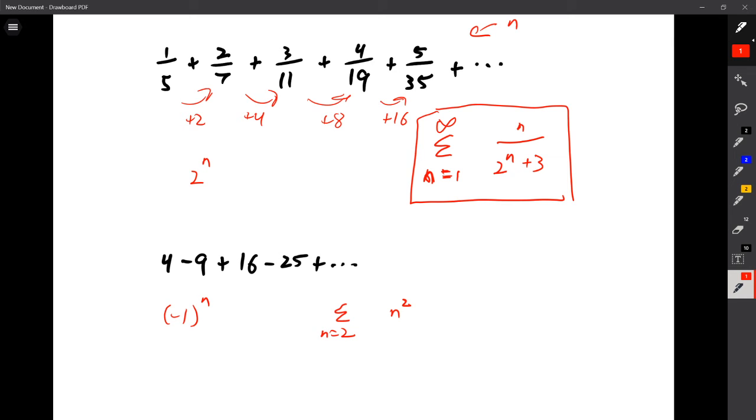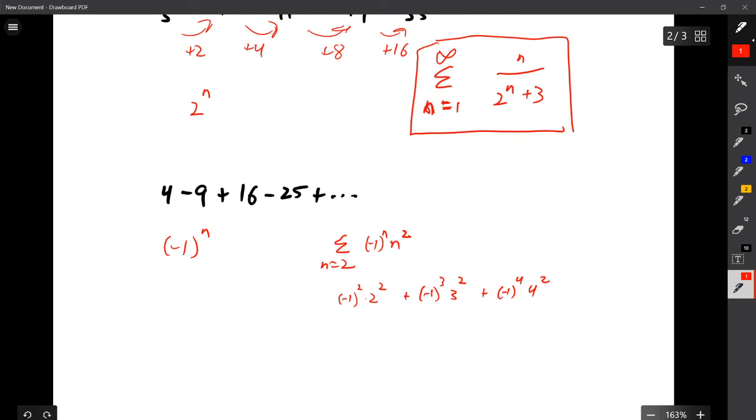But then I have this switching back and forth, and I'm starting at an even number and I'm starting at a positive. So can I just do a -1 to the nth tacked on there? Well, let's see what that would give me. That would give me first a -1 squared times 2 squared, plus -1 cubed times 3 squared, plus -1 to the fourth times 4 squared.